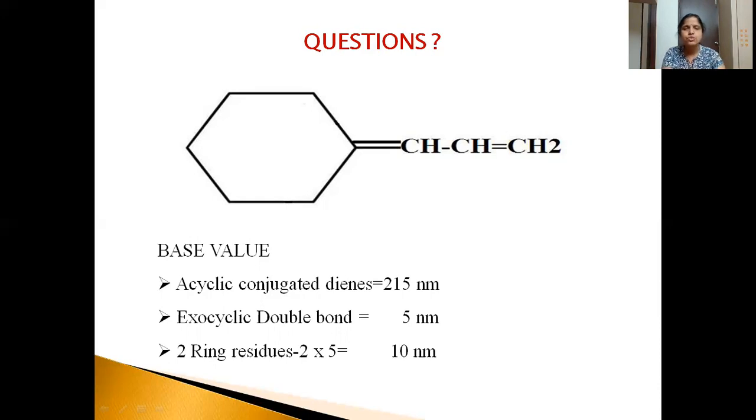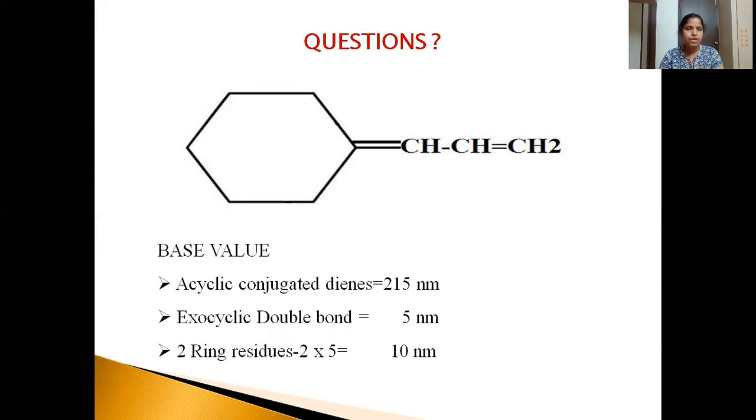So there are 2 ring residues. So we have to do 2 into 5, that is 10 nanometers. So in total it will be around 230 nanometers. So lambda max for this compound will be 230 nanometers.